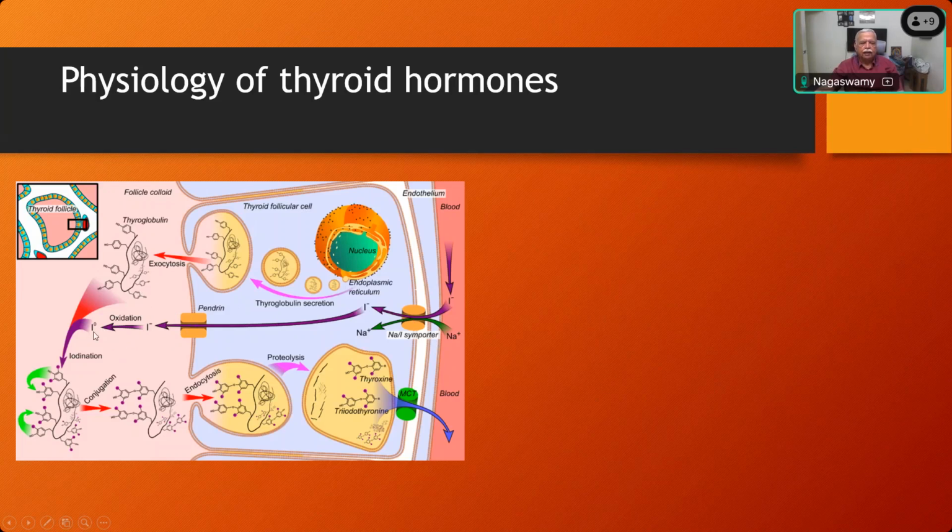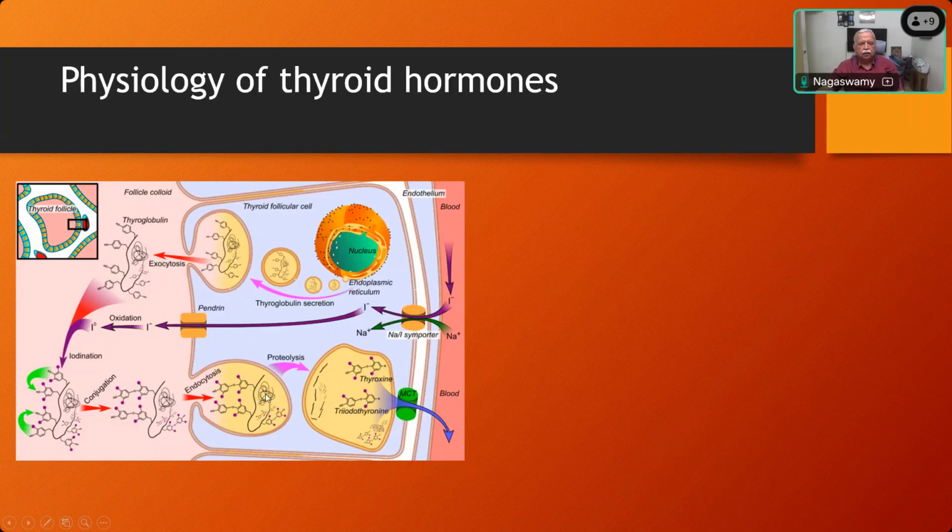the well-like area inside the follicle. And there only the iodination occurs, and then it is stored back in the thyroid follicular cells. And then whenever the TSH comes and activates that, it will be released like you can see in this picture.